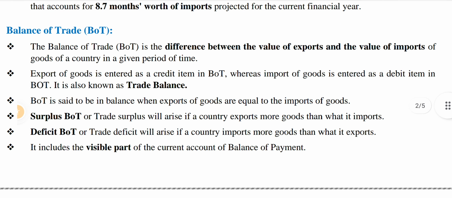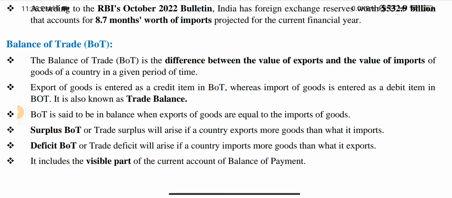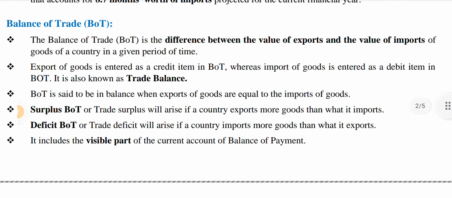Balance of trade. The balance of trade is the difference between the value of exports and the value of imports of goods of a country in a given period of time.